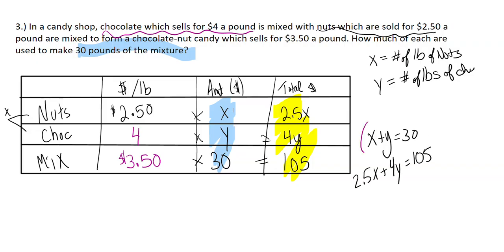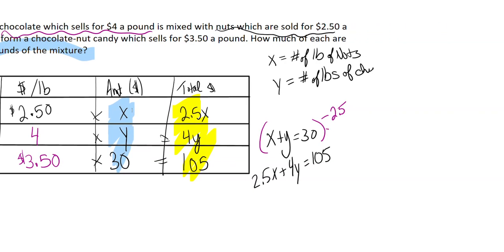What we're going to do is multiply the top one by, let's say, negative 2.5. That's negative 2.5x minus 2.5y, and that's going to give us negative 75. And then this one's going to remain the same.